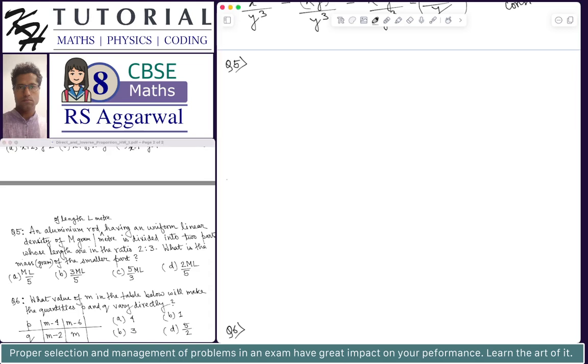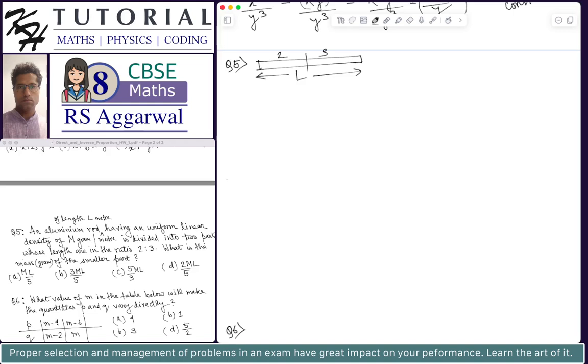Now, we will use the concept of ratio and proportion in this problem. So this was the rod, and the total length is L, and let's say it was divided into two parts with the ratio 2 is to 3.